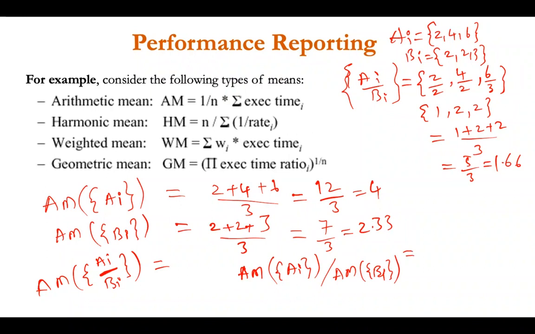If you get this result, the arithmetic mean of your AI is 4, and the arithmetic mean of your BI is 2.33. So you will get a result like 1.716.